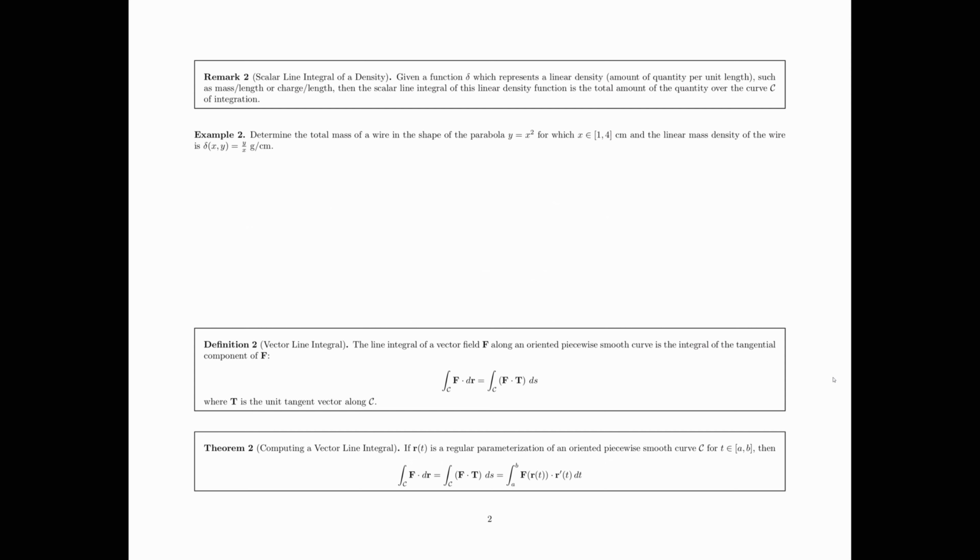So in general, before we tackle example 2, just a quick comment on this remark right here, which essentially is saying that if you integrate mass density over something, then you get back the mass of that something. And this works for any density in general. It doesn't have to be mass.